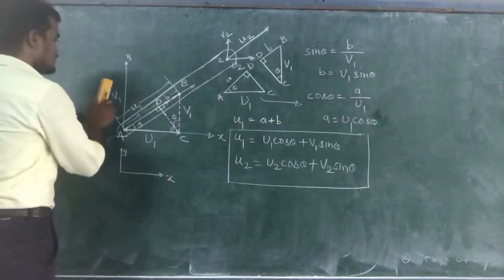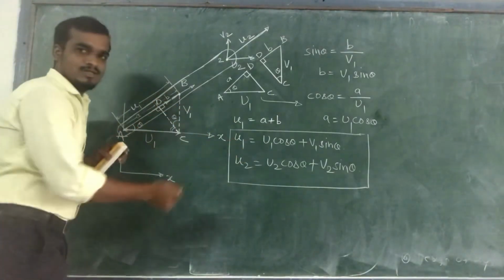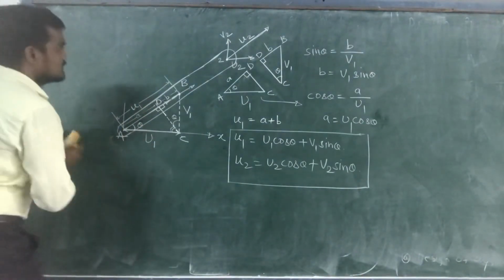So you can write u1 and u2 in matrix form.